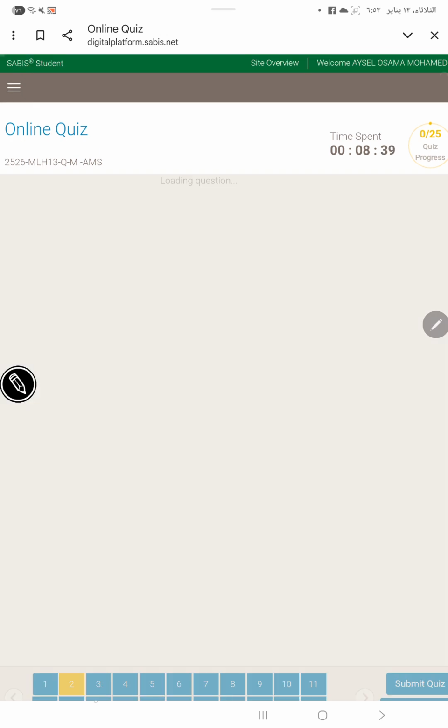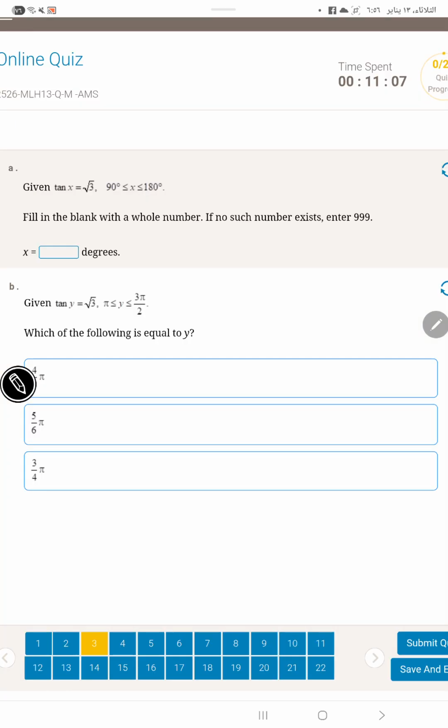Now question number 3. In question number 3, given that tan x equals radical 3 and x is between 90 and 180, find x. So to solve that, we do on the calculator tan inverse radical 3, we get 60 degrees.